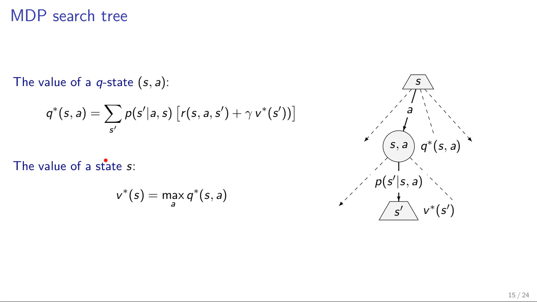This is the difference between the value of a state and of a Q state. As we explained, the Q state means that you have committed to a particular action from the state where you are right now, but for the rest, you're acting optimally, or following a fixed policy. The difference is that in that particular state, you're not maxing over the actions.